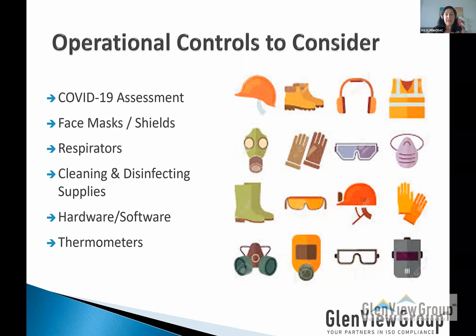Then cleaning and disinfecting, hardware, software. Considerations if personnel are working remotely, telephone systems, how does that work for organizations that have call centers? And then of course, do you need to purchase thermometers? Any questions at this time?